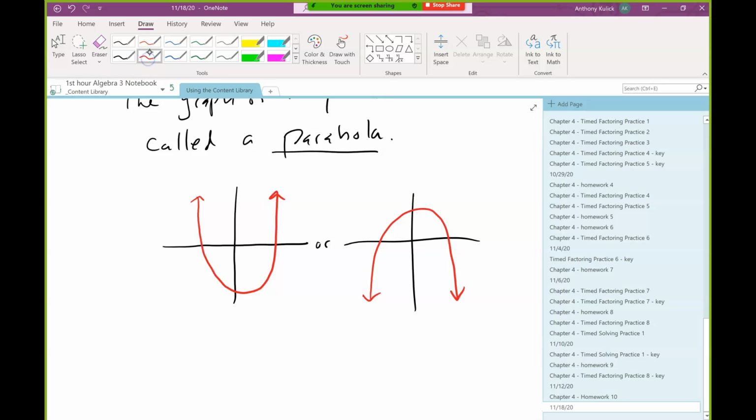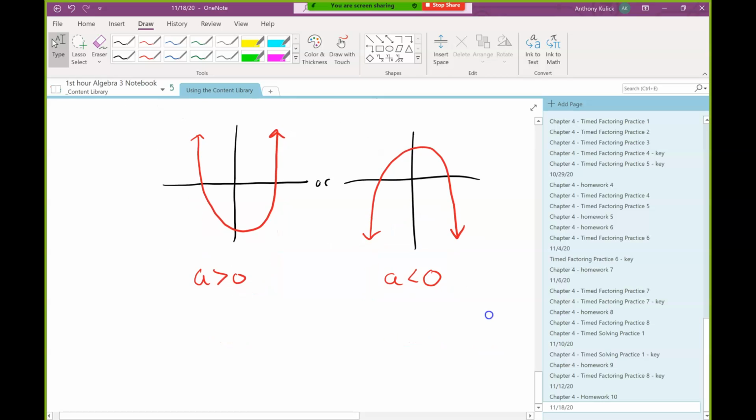So it's going to be easy for us to tell whether it opens up or opens down, because all we have to do is look at the sign of the A coefficient. So if A is positive, the parabola will open up, and if A is negative, it opens down.